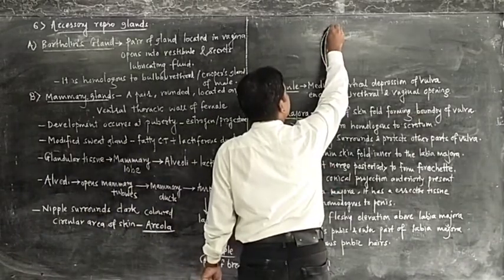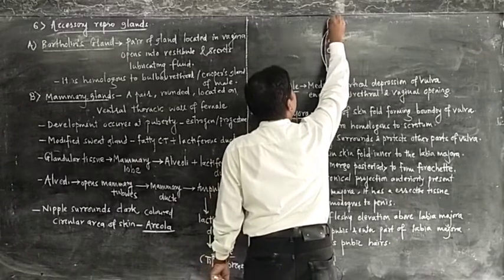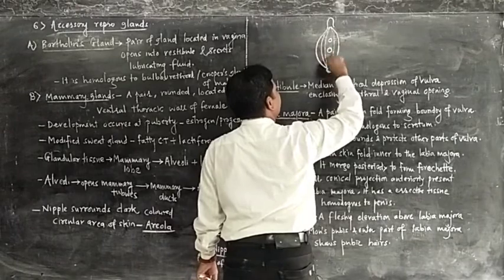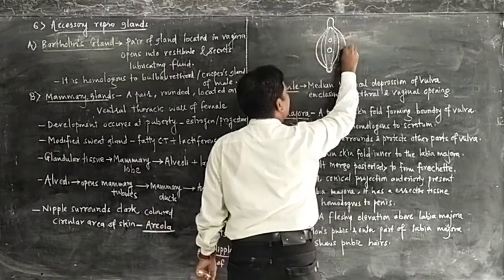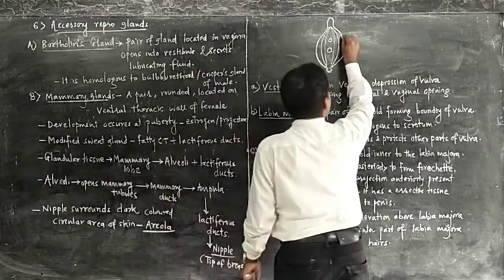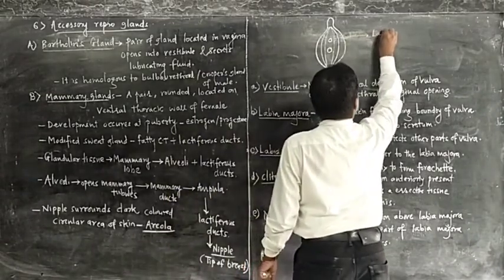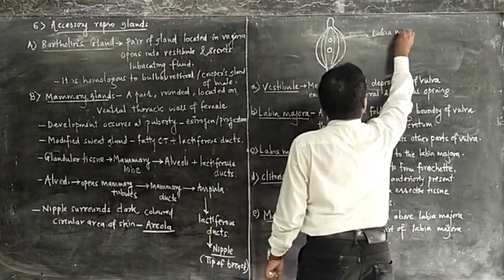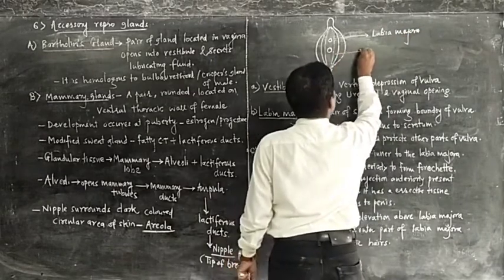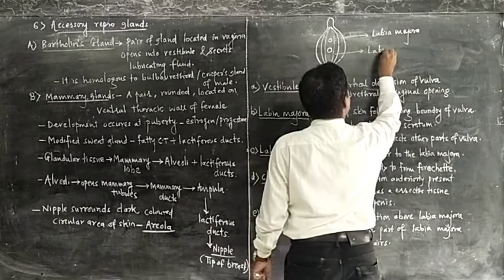Now see, this is the major fold or outer fold. This outer fold is called the labia majora. The inner fold is the labia minora.